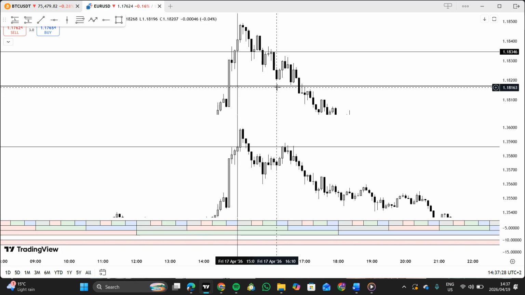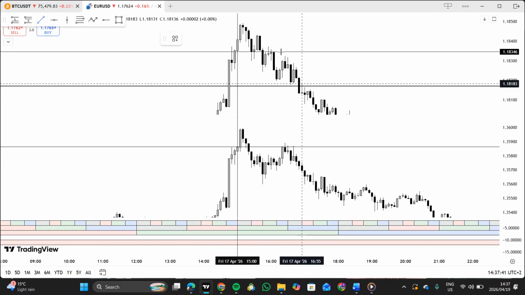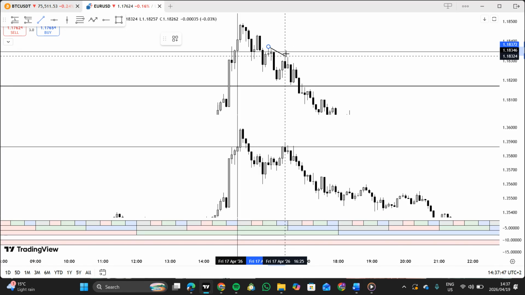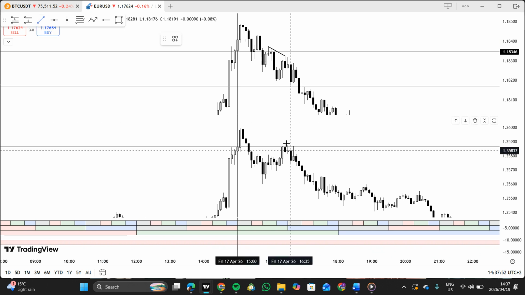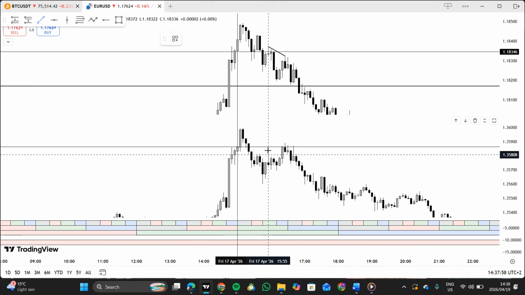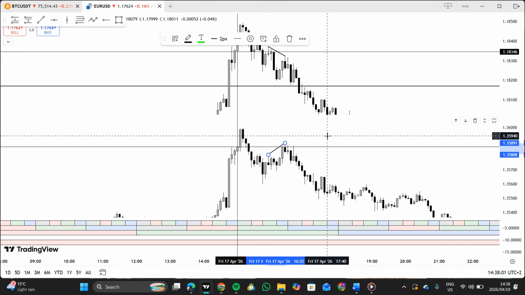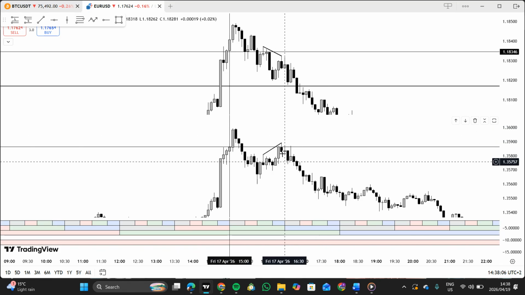But can you see what was happening here? We had a micro cycle sequential SMT, which happened between this high over here and this high, and between this high over here and this high over here. So here was a sequential SMT on the lower time frame.